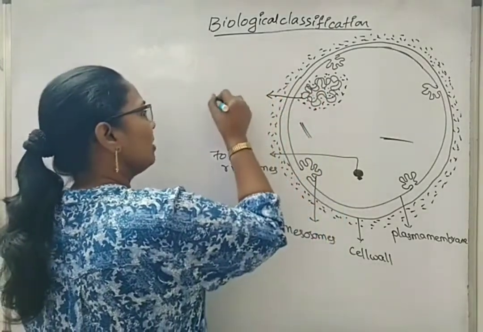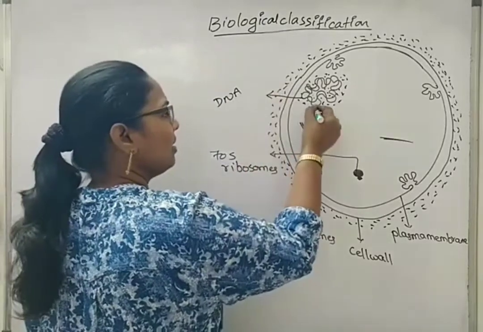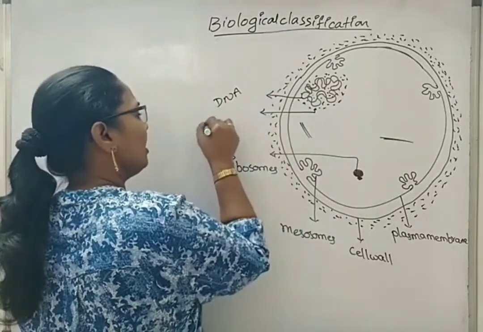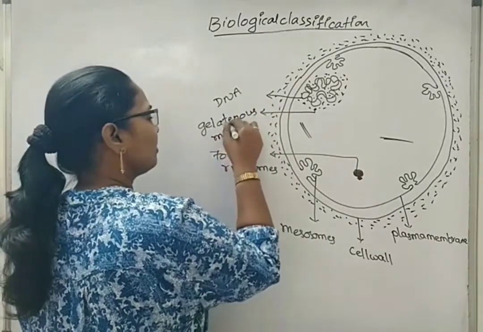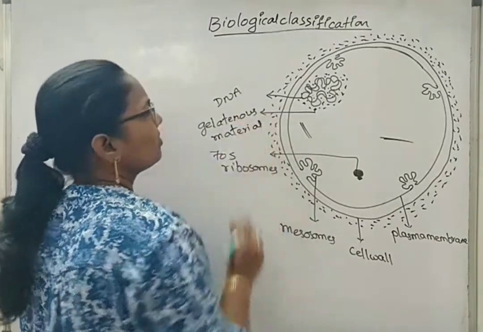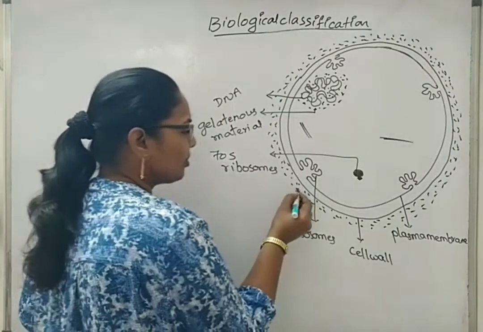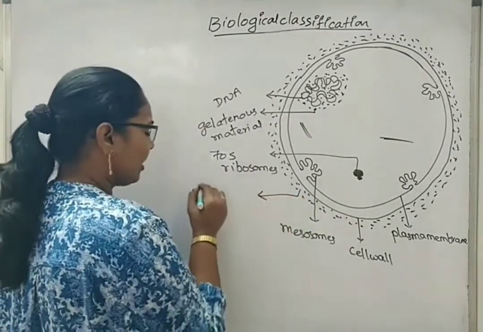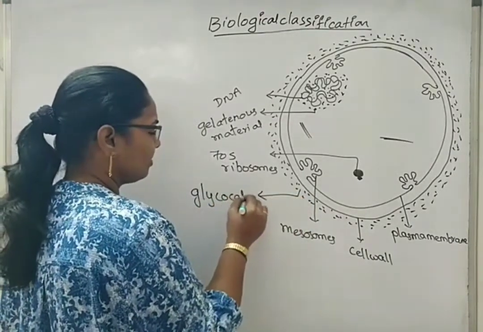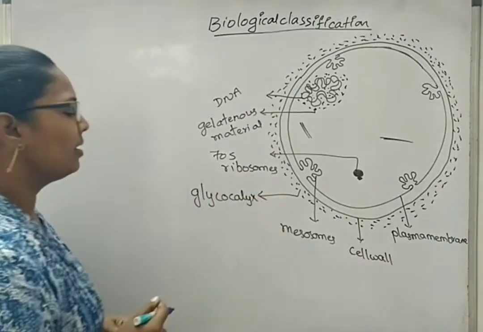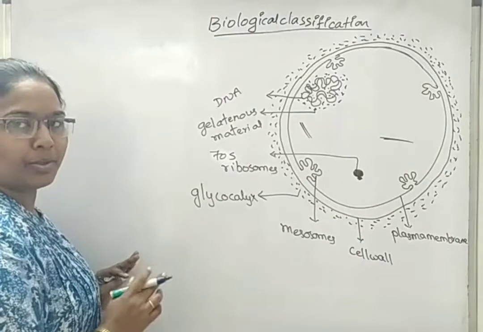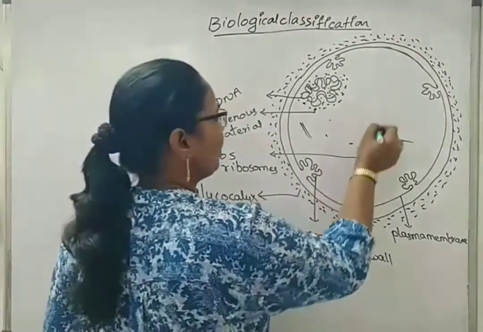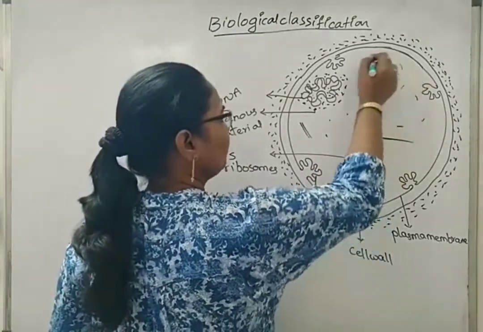This is DNA and this is gelatinous material. Outermost layer is glycocalyx. This glycocalyx can be a slime layer or it can be a capsule. All this will be cytoplasm.